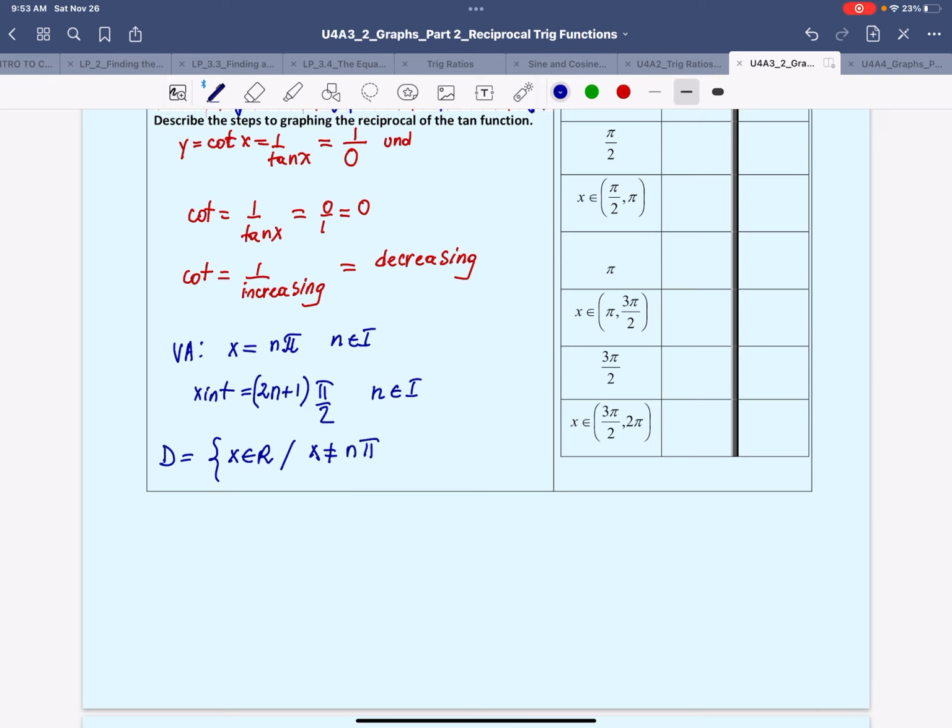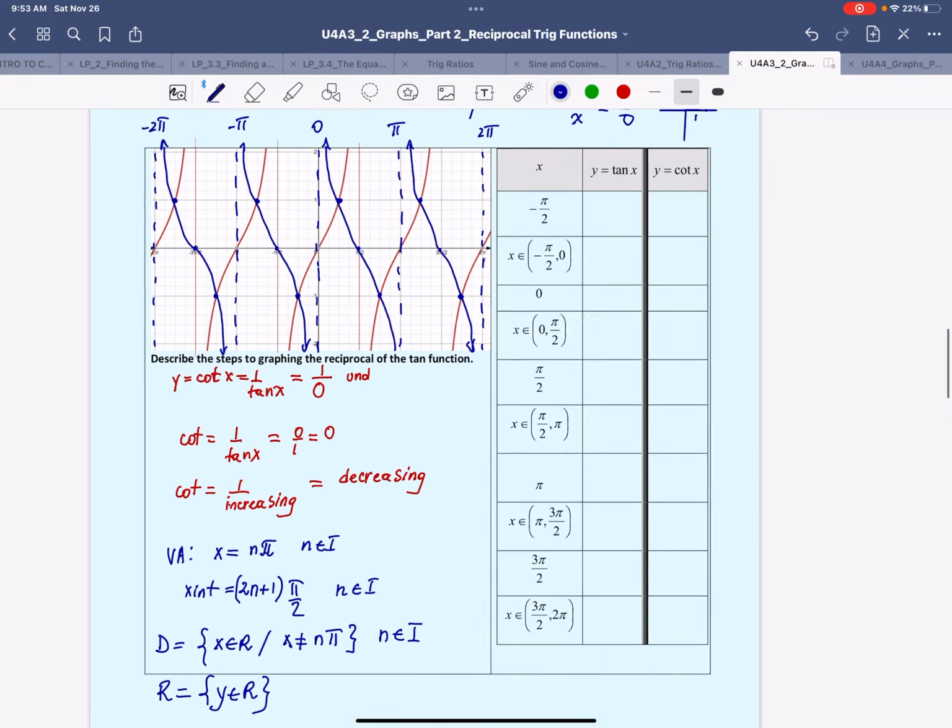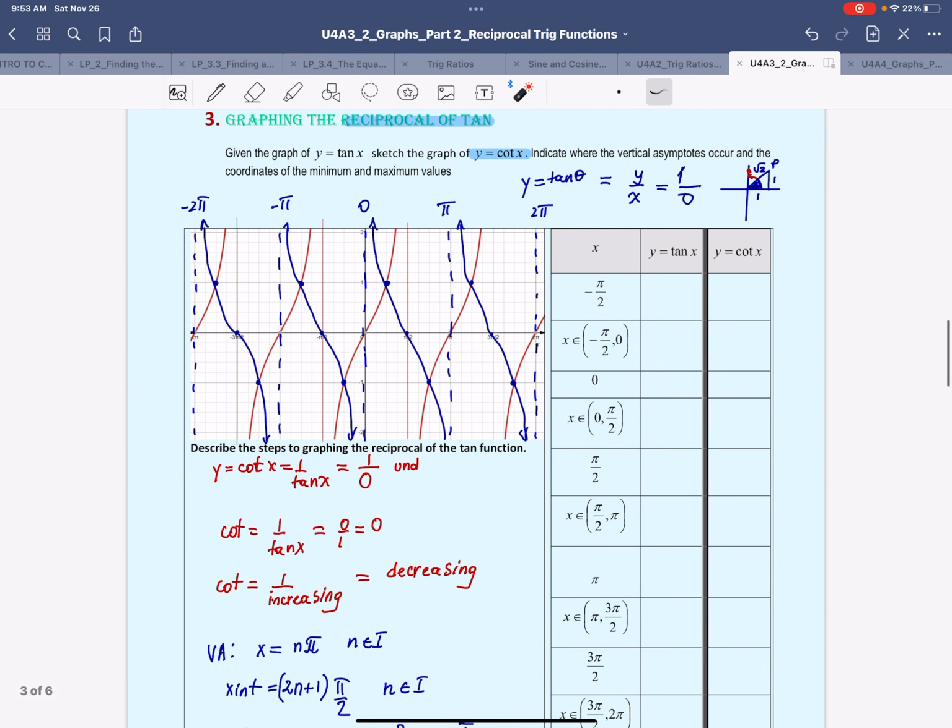So x is not equal to n pi, again, where n is an integer. As for the range, we're going to say that the values of y can be any real number. Now, you also have a small little chart in here that I encourage you to complete in class, just by using the graph that you've built here, and that will add more understanding to the graph of the cotan function.